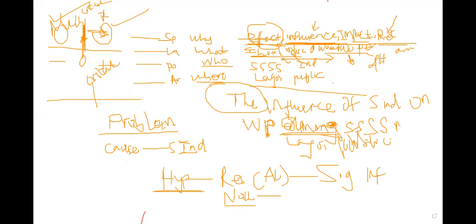Then we can also say there is a significant influence of school indiscipline on the academic performance of senior secondary students. So I'm thinking that it's not the null and the research hypothesis. I think it's two possible research hypotheses that we can get out of this. I think that's what the question is.